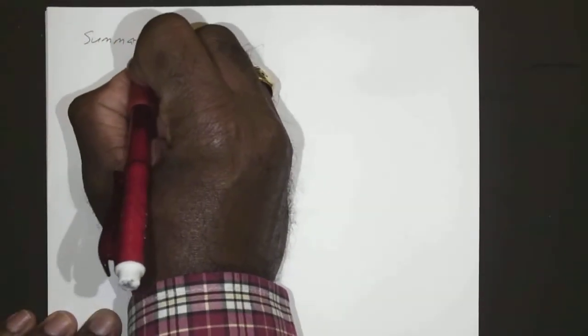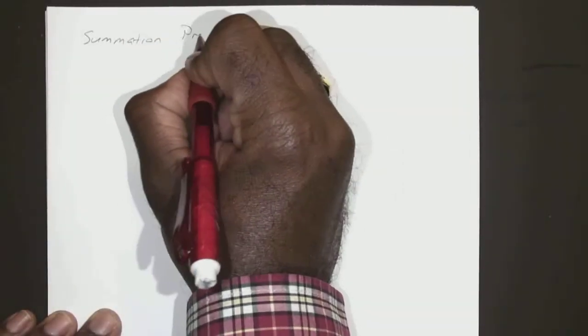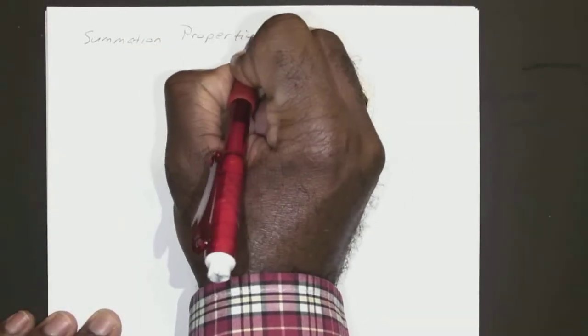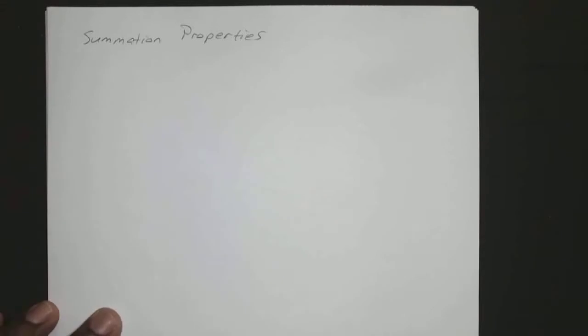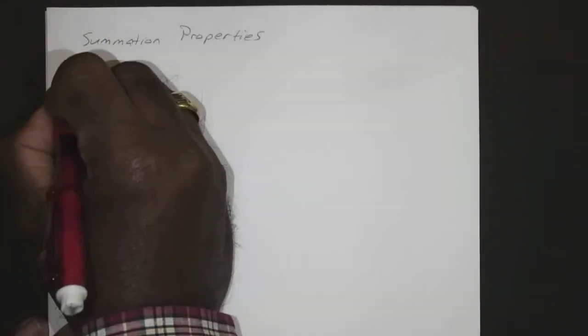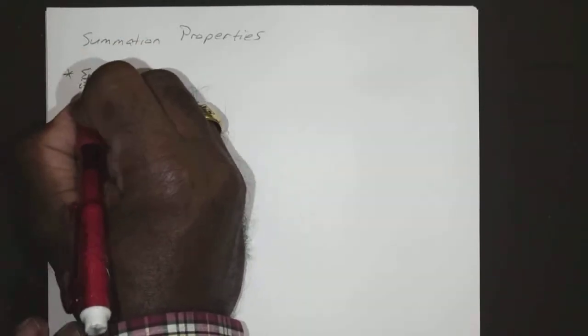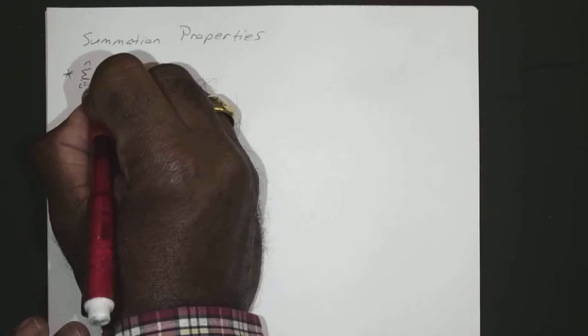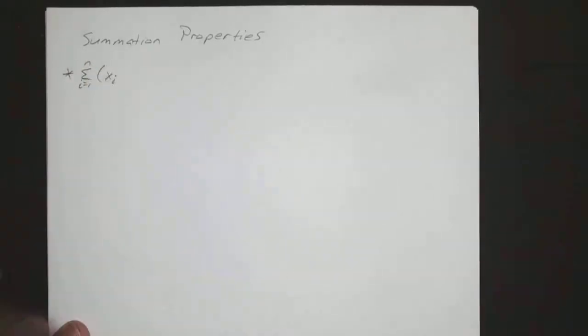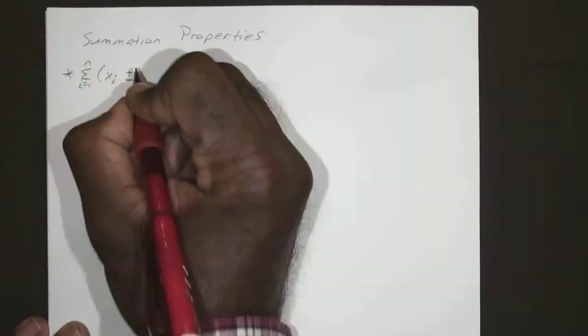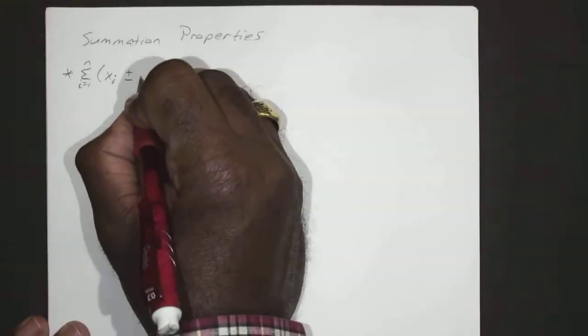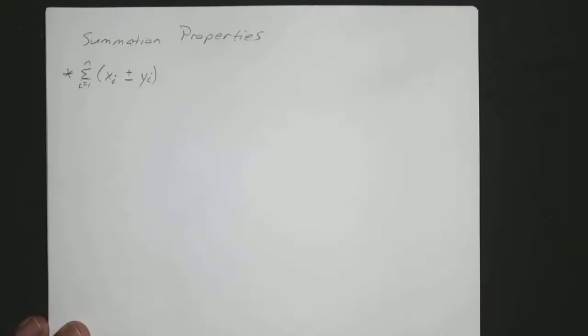Now these are your summation properties. They're pretty similar to derivatives, where you can kind of distribute it. So let's say with the first one, the sum from i equals 1 to n of x sub i, and it works for either adding or subtracting, so I'll just put that there, and y sub i.